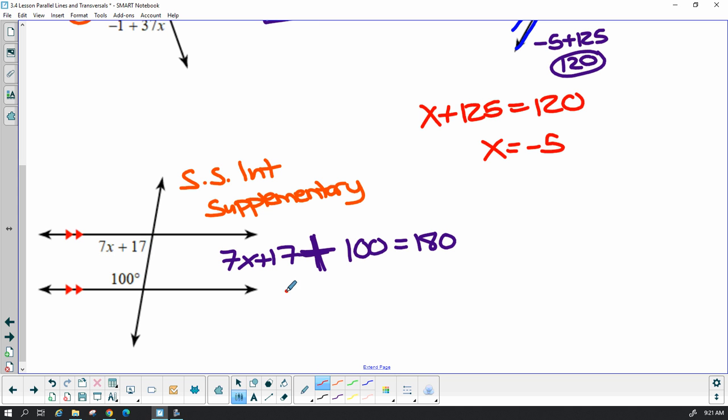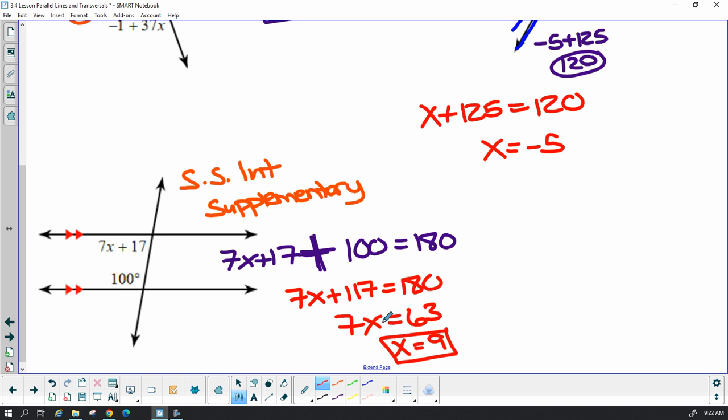And so now I can do some algebra. And again, if you get stuck at some of this algebra, what I'm doing here, please do ask for help. I'm really focused on the geometry portion, but the algebra is important. We get x to be 9. And we can always, always, always check our work by plugging in our answer for x.